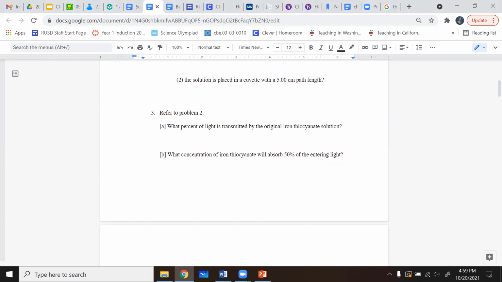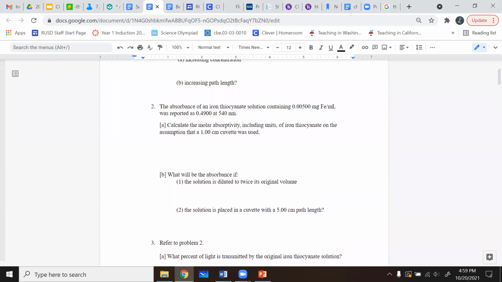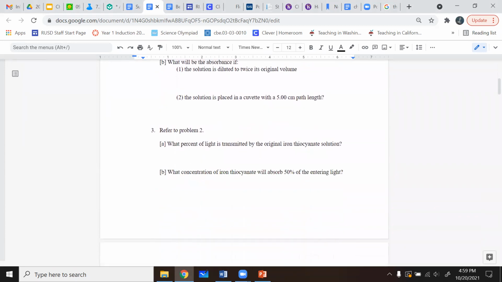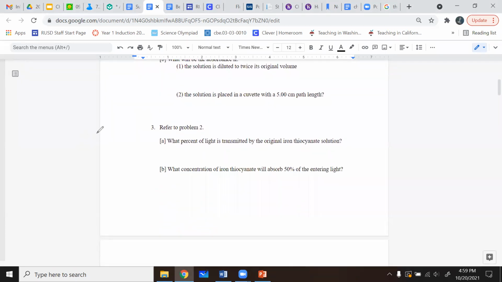So recalling that up here, we have an absorbance of 0.4900. So I'm going to write that down here. A equals 0.4900. We know from our notes that the relationship between absorbance and transmittance is A equals negative log base 10 of T. So I want to solve for transmittance.